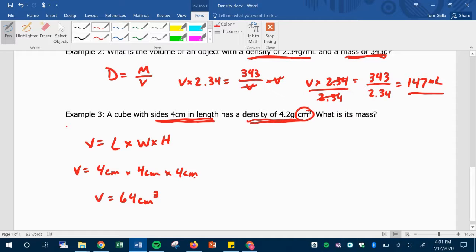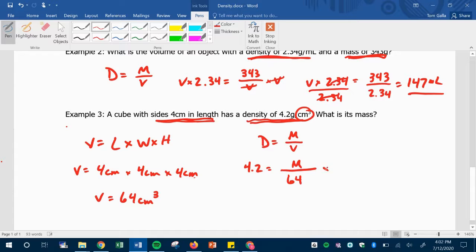And so now that we have a volume, we have a density, we can now plug it in to solve for the mass. So remember, density is mass over volume. And if we plug in what we know, we have 4.2 is equal to our unknown mass divided by 64. Now, just like in our previous example, anytime we have something that we're solving for within this fraction, we multiply both sides by what's on the bottom.